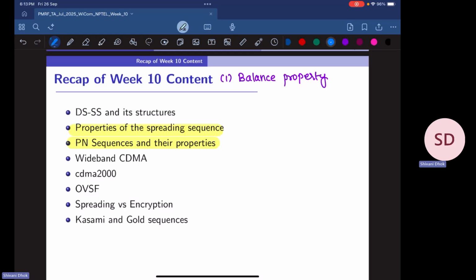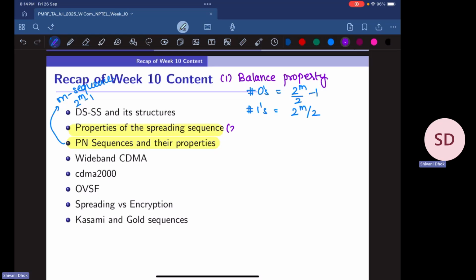For an M sequence, which is of the length 2^m minus 1, the balance property says that the number of zeros is equal to 2^(m-1) minus 1, and the number of ones is equal to 2^(m-1). This is the balance property.